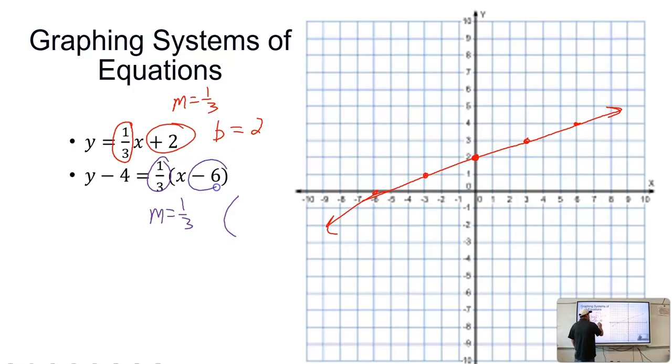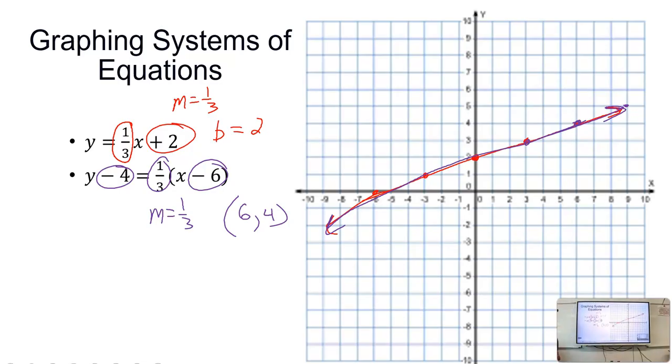And the point, the opposite of -6 is 6. The opposite of -4 is 4. So we're going to go to the point 6, 4, which is right here. The slope is up 1, right 3, or down 1, left 3. And it happens to be the exact same line.